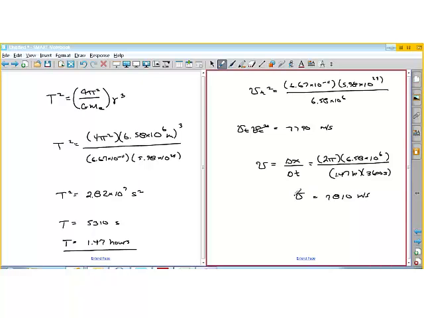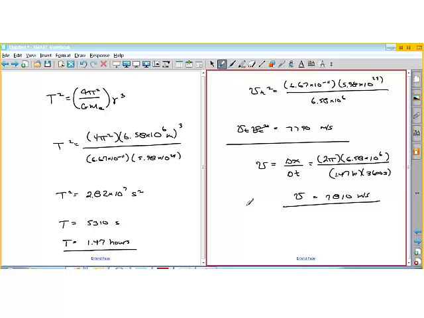Just some rounding off. So you see, I got basically the same number, whether I use this formula or this delta x over delta t. That one's easier for me to remember if I have to use some other way of getting it. Okay, so that was the second part.